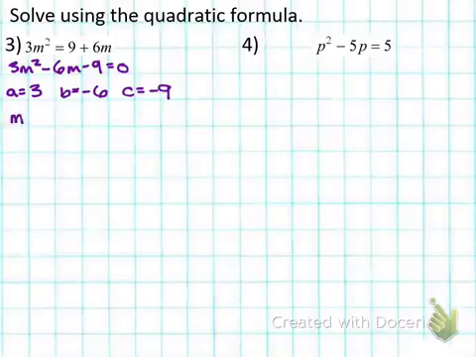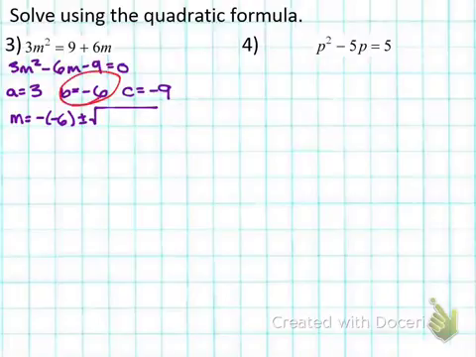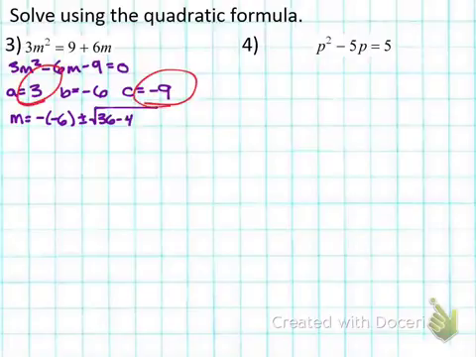Our variable here is m, so we have m equals negative b, which is a negative 6, and then plus or minus the square root of b squared. Negative 6 squared is just 36, and then minus 4 times a times c. So 4 times 3 times negative 9.